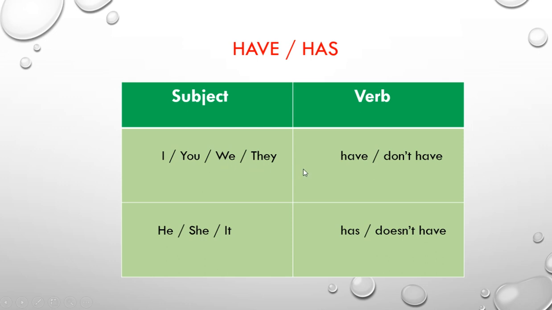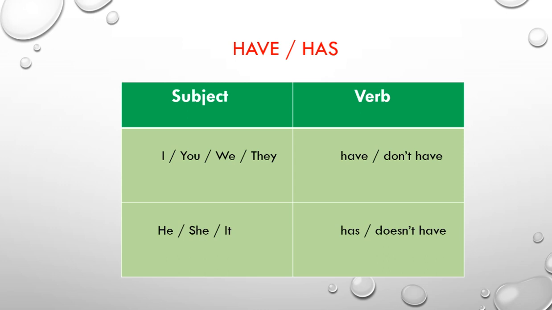I have a car, you have a car, we have a car, they have a car. وصيغة النفي don't have نقول I don't have, for example, I don't have a house. You don't have a house. We don't have a house. They don't have a house.